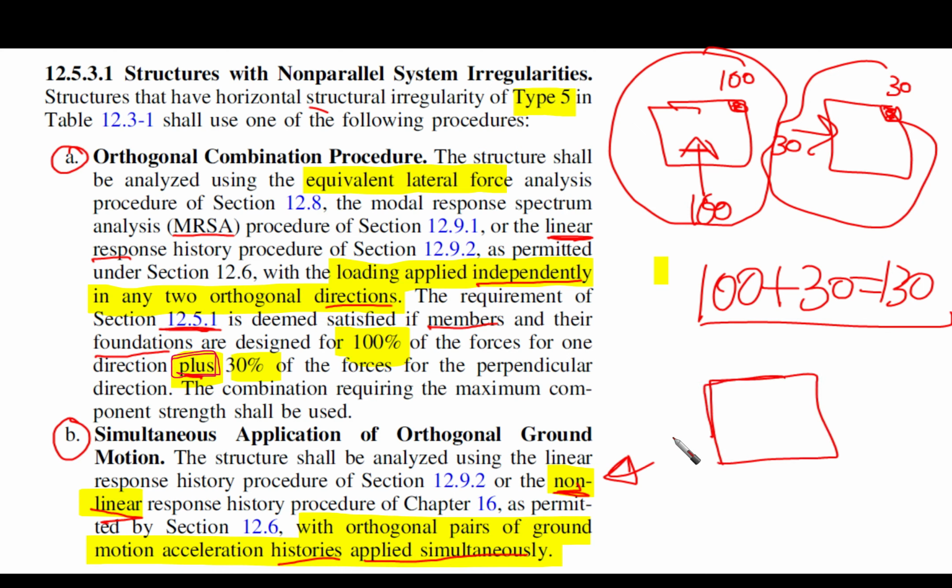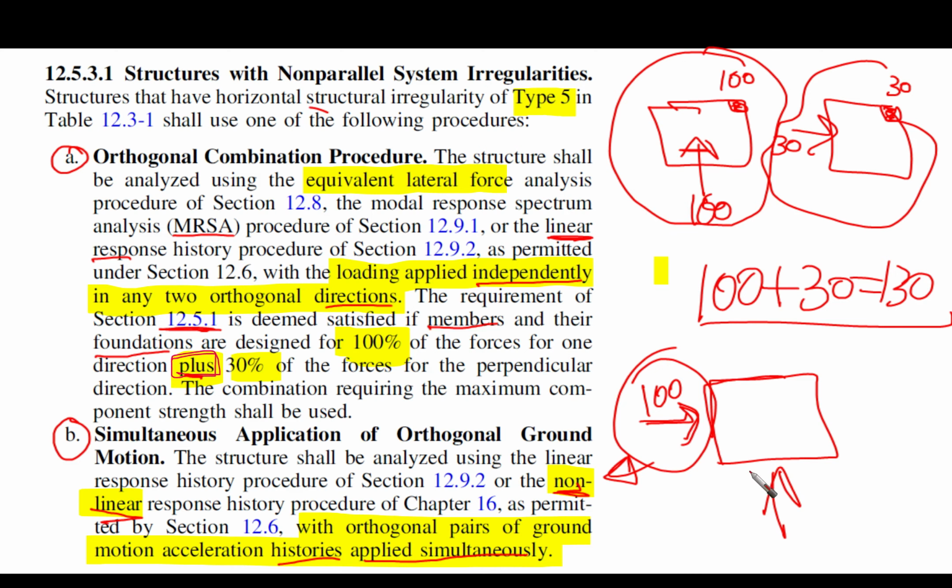This means that you have the building, and you need to apply 100% of the earthquake loading from here. We are talking about analysis using the linear response history procedure or nonlinear response history procedure.